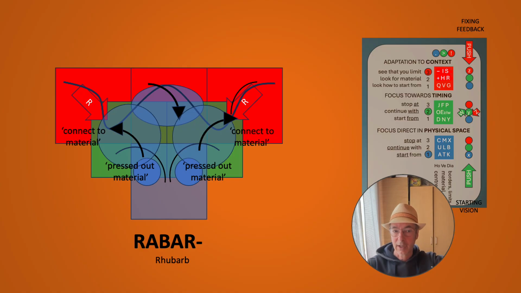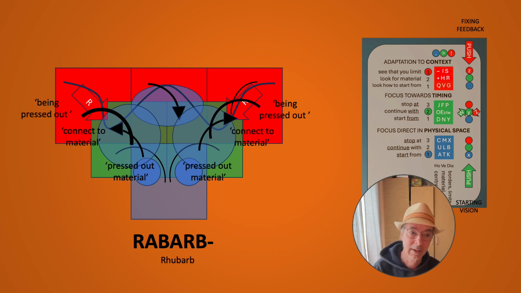It will be pressed out, will find after a place and space its timing, and will find out the way to connect its material also there. So rabar is, you have that, you find the connection to where you can connect the material at the right time and place. It will be pressed out and it will be connected further into that time process is a way to describe it from the letters.